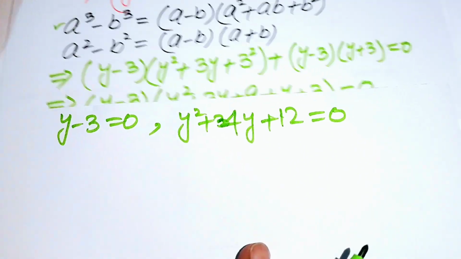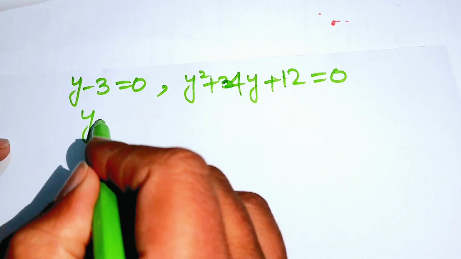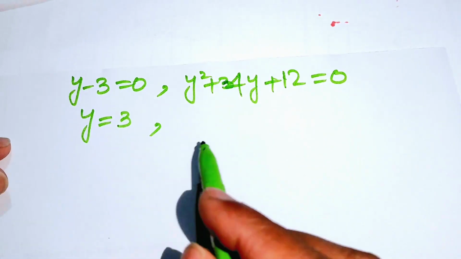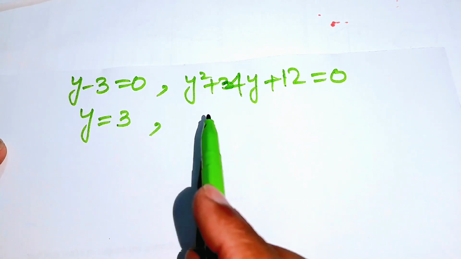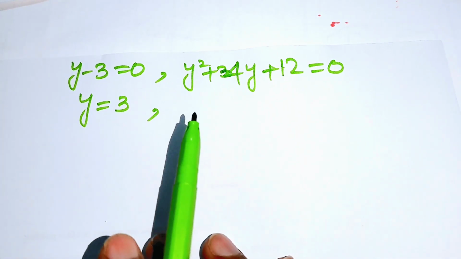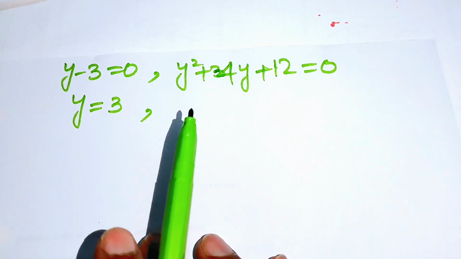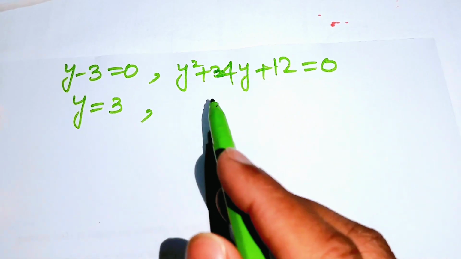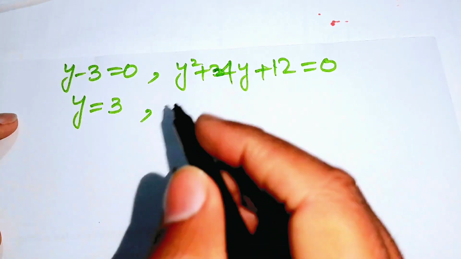So in the first case we get the value of y equals 3, and in this case, because this is a quadratic equation, now we make the factors of this equation and find the value of y. Because in this question we need to find the real roots, first we check whether this quadratic equation has real roots or not. So here we use the discriminant formula in order to check whether its roots are real or not.